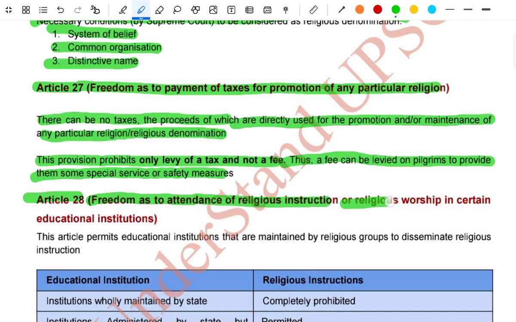These articles permit religious instruction in educational institutions maintained by religious groups.